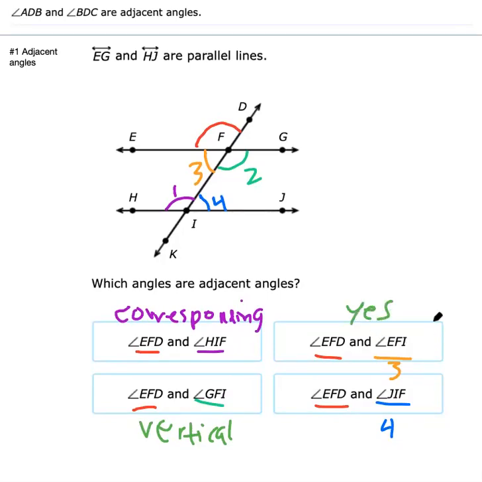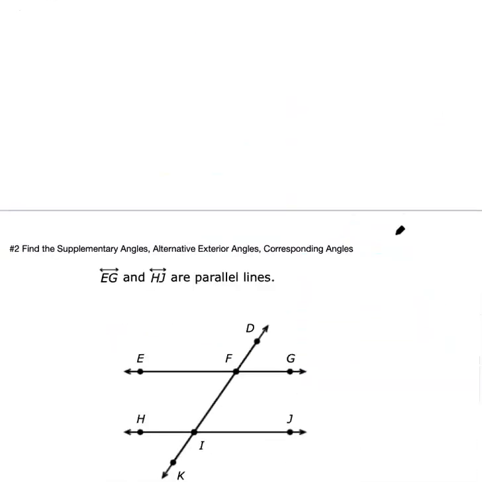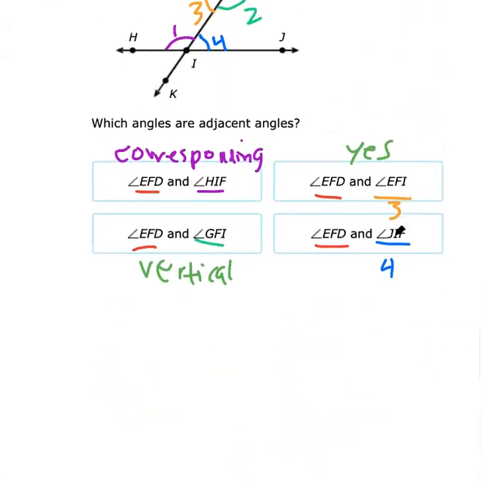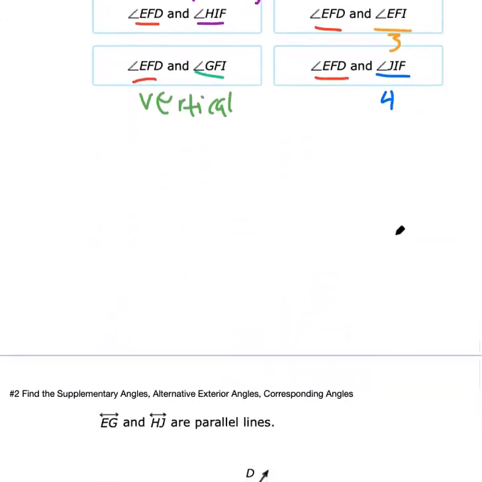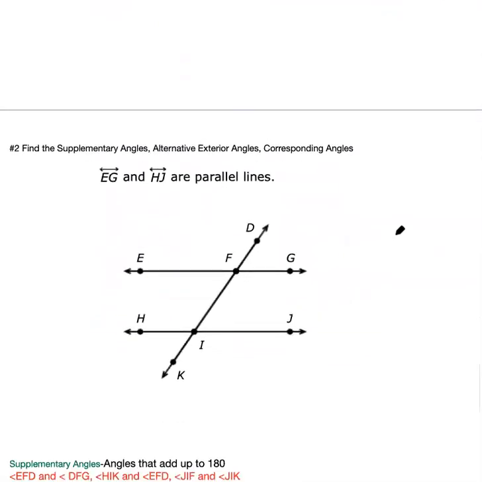You would click that one for the answer. The last one over here, the blue, is not an adjacent angle. So we just select choice number 3. Some of the problems have multiple choices, multiple answers, so make sure you look at each of them and draw it out. Take the time to do that.